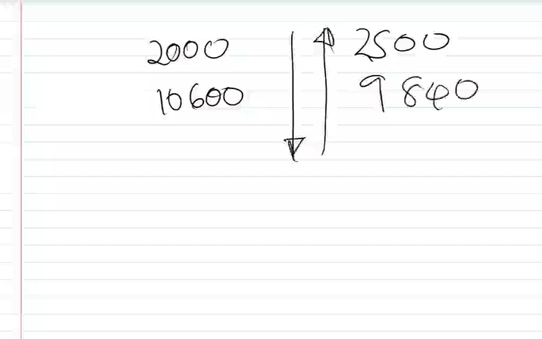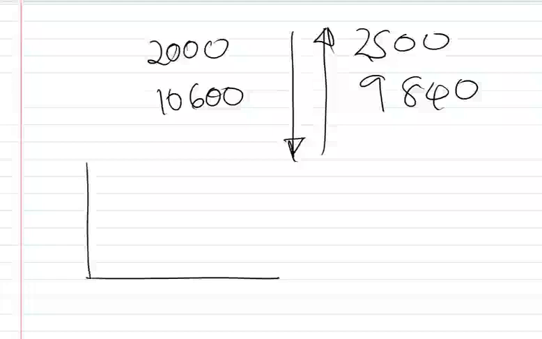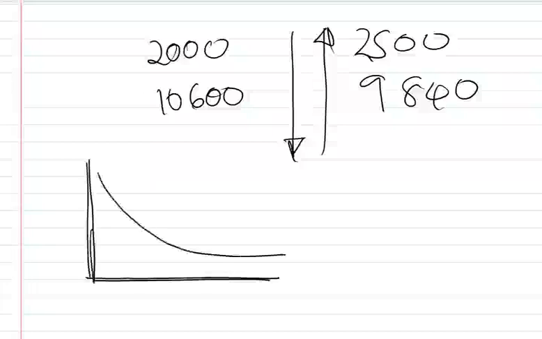The reason is because of the fixed element part. You remember we talked about fixed cost per unit going down when the activity level is increasing. So because of the fixed element part, the fixed cost per unit is going down.